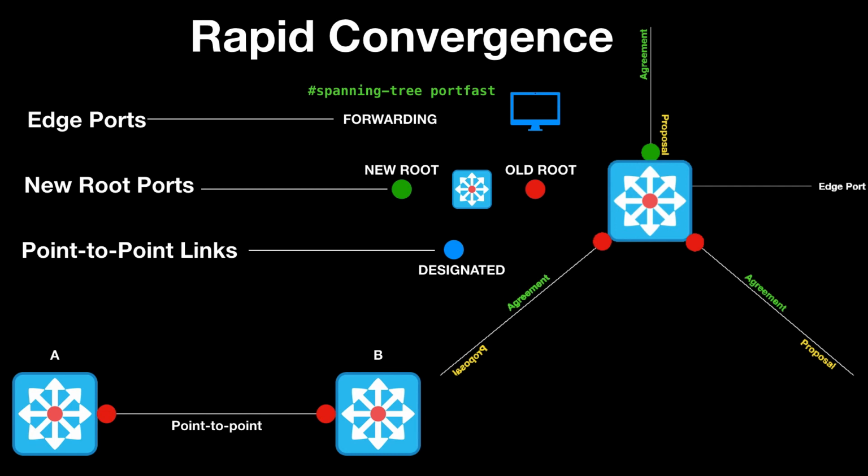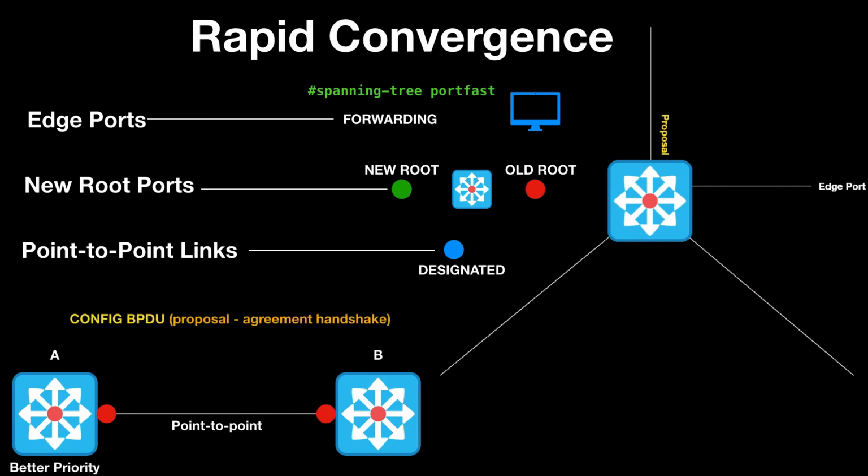Device A is connected to device B through a point-to-point link, and all of the ports are in the blocking state. Assume that the priority of device A is a smaller numerical value than the priority of device B. Device A sends a proposal message, a configuration BPDU with the proposal flag set, to device B, proposing itself as the designated device.